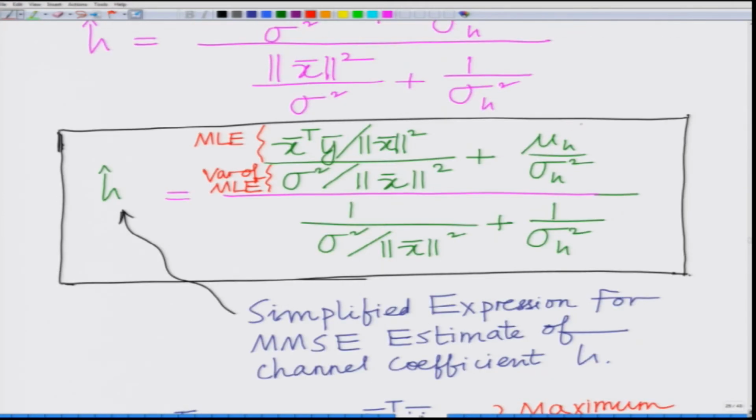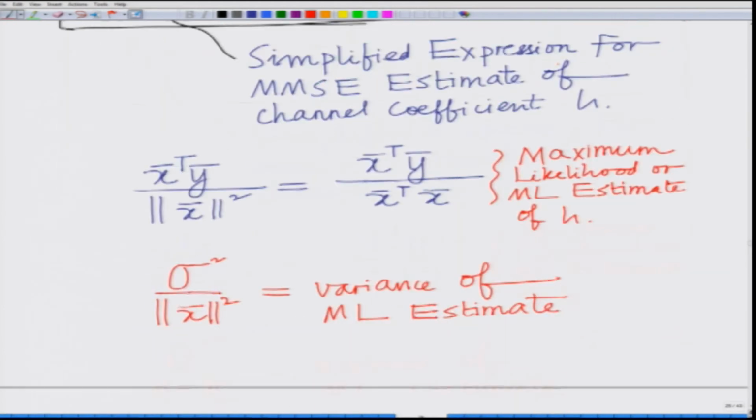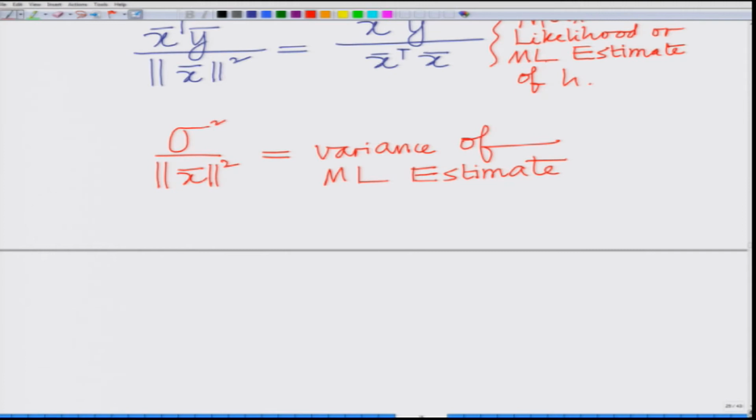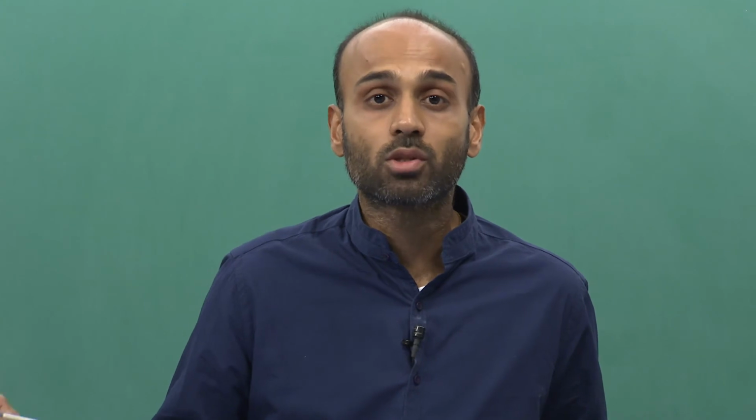And now what is mu h? Mu h is the prior mean and sigma h square is the prior variance. Remember we said the unknown parameter h is random in nature, it has a Gaussian prior density with mean mu h and variance sigma h square.